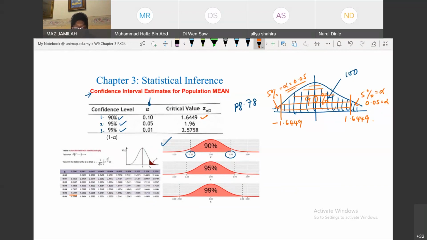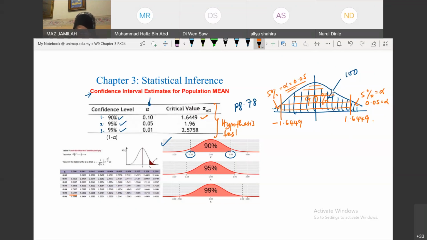So this is the basic understanding that you need to understand, because later on you are going to use this again and again. You can understand this easily, so everything will be easy for you. And we are going to use this critical value in our hypothesis testing. So if you understand here, then it will be easier later.